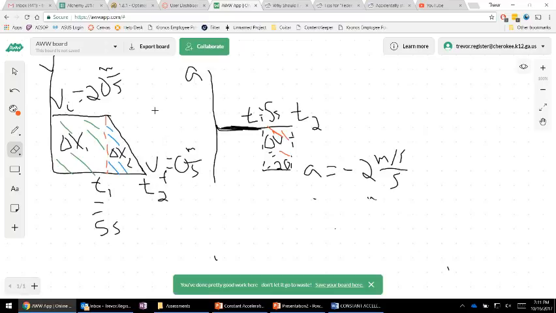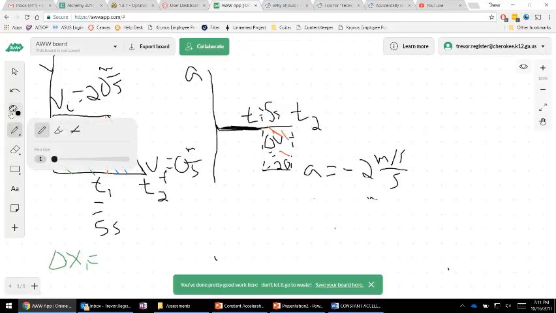So delta x1 is pretty simple. It's a rectangle, so the area, or delta x1, is going to be base times height.